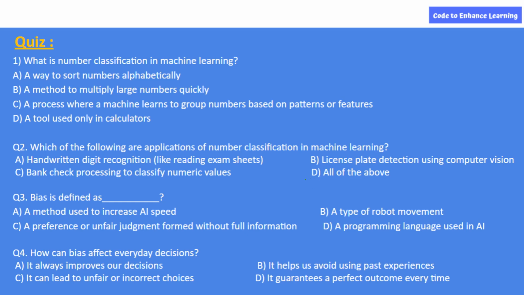Then third question is, bias is defined as, and your time starts now. So the correct answer is option C. Question number 4 is, how can bias affect everyday decisions? So again you have 5 seconds and your time starts now.